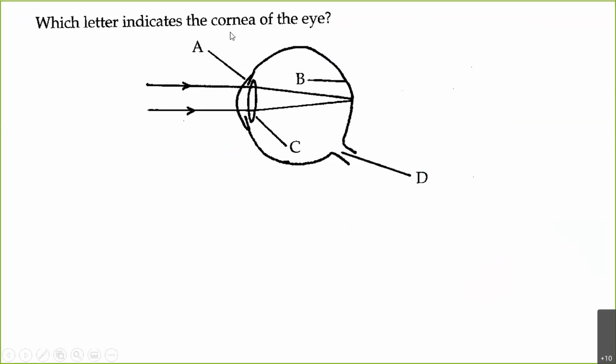Which letter indicates the cornea? A. Awesome. What is B? And what about C? Lens. Yep. And D? Optic nerve.